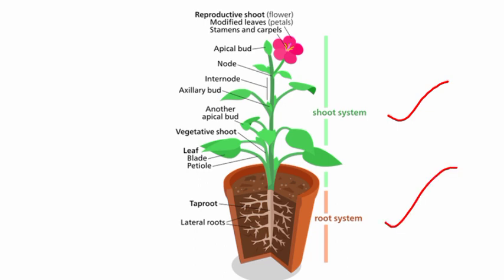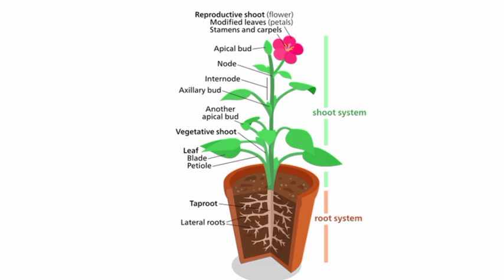The shoot system is above the ground and the root system is below the ground. The main axis of the shoot system is called the stem. The shoot system consists of stem, leaves, flowers, and fruits.